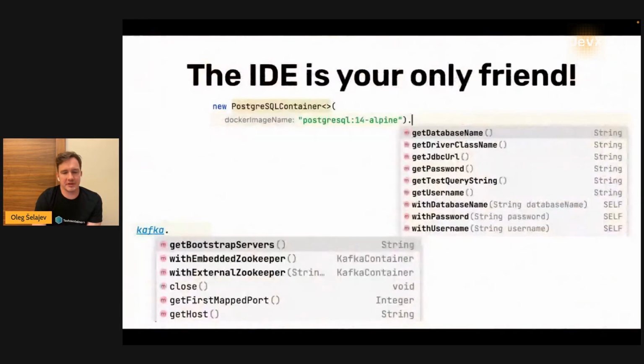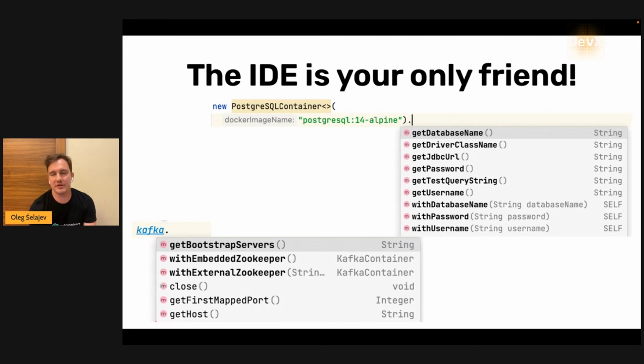Which is great, because for Testcontainers, at least for the modules that exist, all the configuration, everything that you can do with those, is embedded in your IDE, because you have the DSL to do anything you want to do with, for example, the database. You can get the database name, the JDBC URLs, passwords, and so on, both for setting the configuration and getting it.